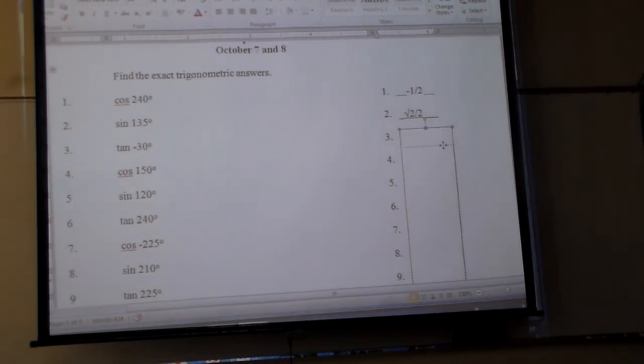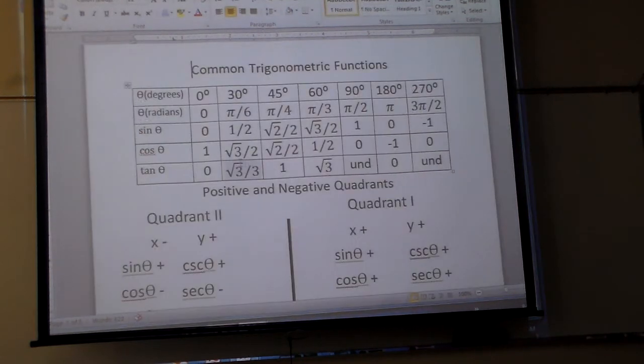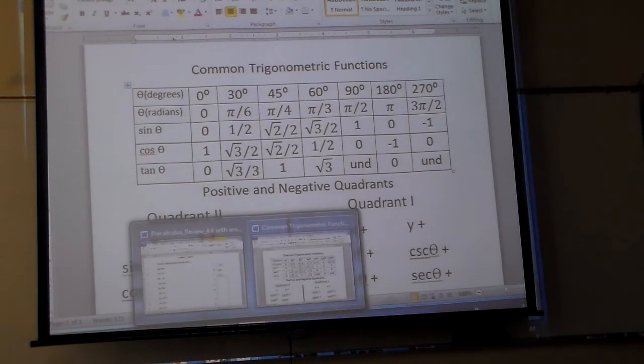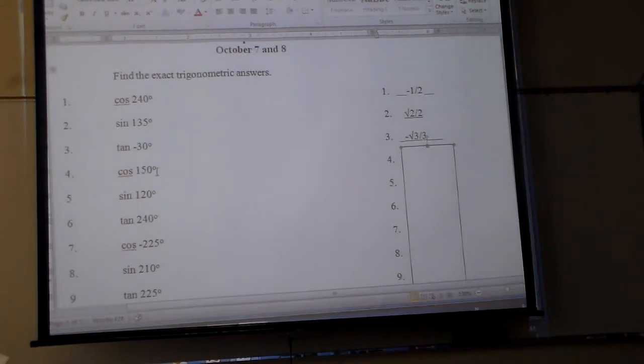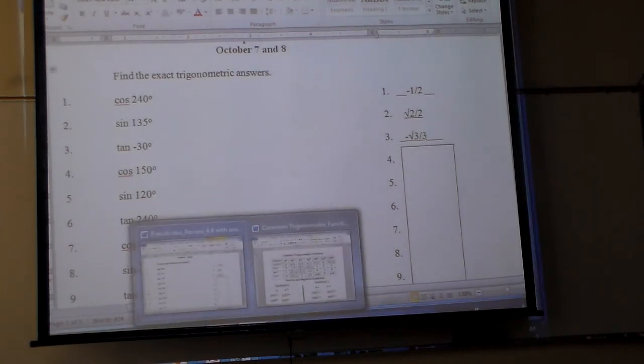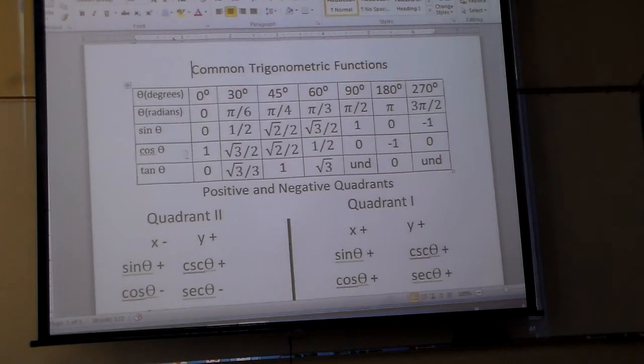Let me move a look. So from the chart, see, 30 degrees, tangent, negative, that one right there, let me highlight it a little bit. All right, let's go back to this one. Where's cosine of 150? Is it closer to 180 or 360? 180. How far from 180? 30 degrees. So I look at cosine of 30 degrees, which is square root of 3 over 2.